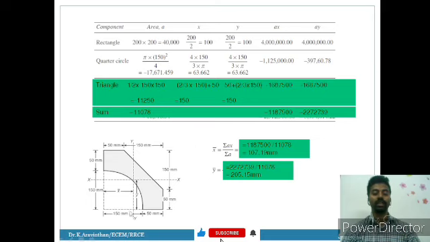This is the x direction. And for a quarter circle, for identifying the centroid, you have to know the formula, that is 4r divided by 3 pi. What is r? r is the radius, so the radius here is 150 mm. So 4 into 150 divided by 3 pi. You will get the answer.